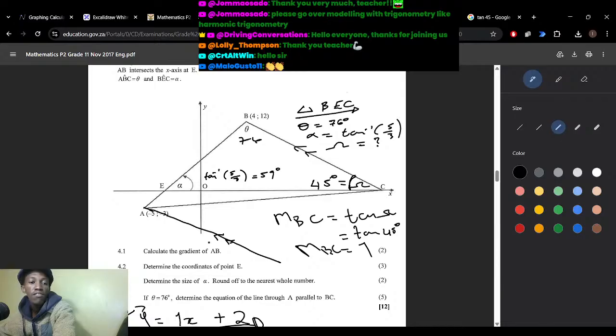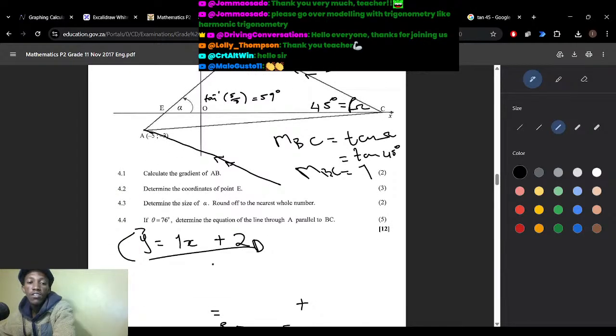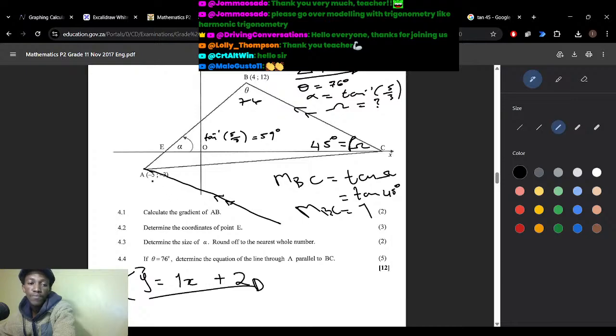Very important, I'll repeat it once more. Parallel lines on a Cartesian plane have the same gradient. Therefore, the gradient of this line is 1 as well.